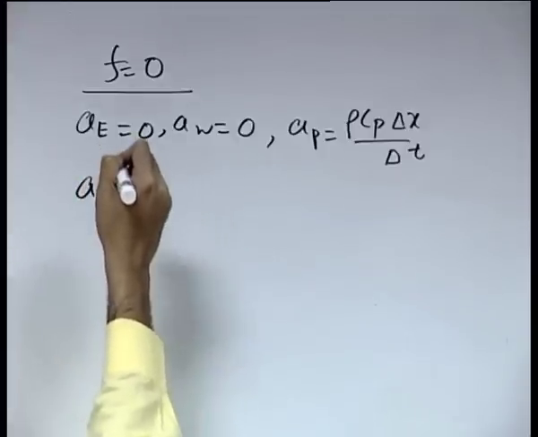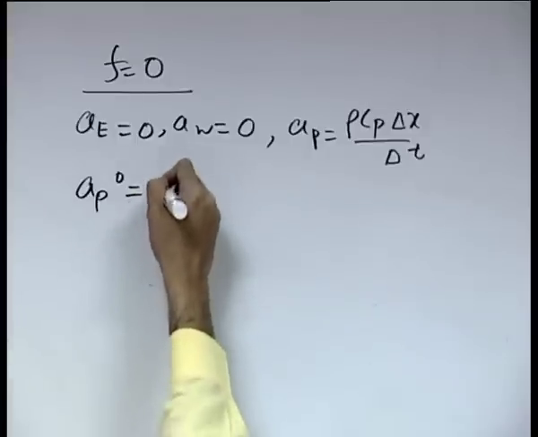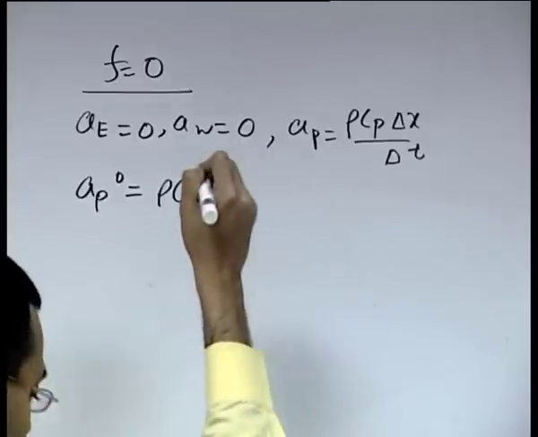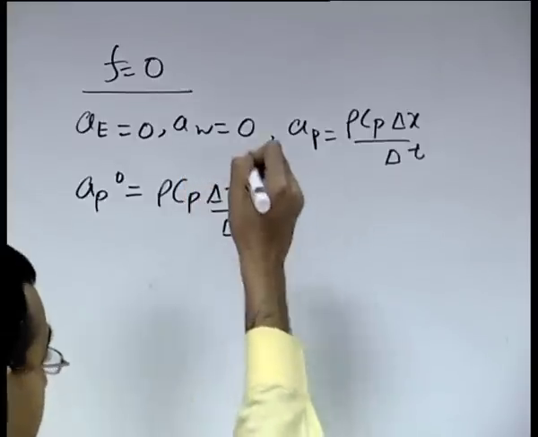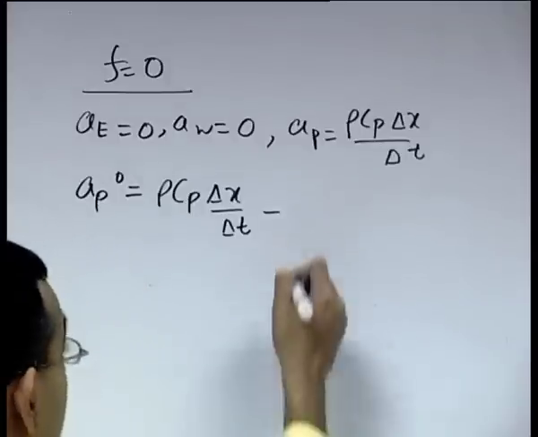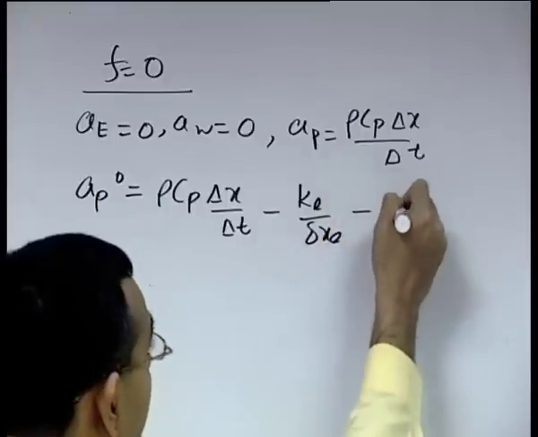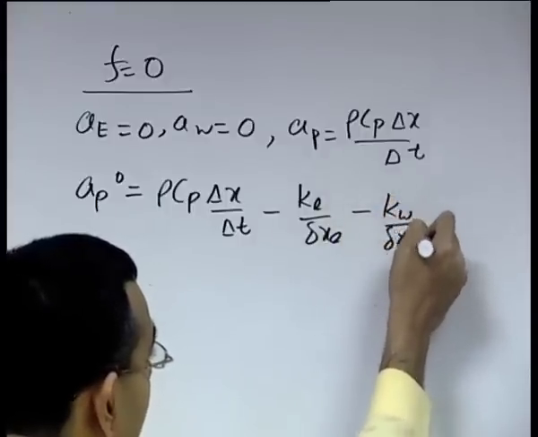AP0 is rho Cp delta x by delta t minus Ke by delta xe minus Kw by delta xw.